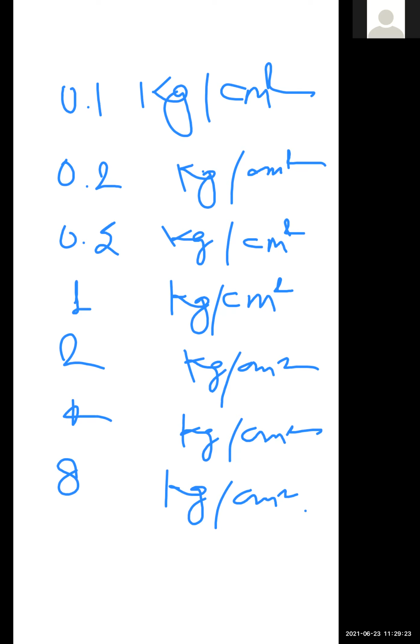So the observation and reading of this test is the data and observation sheet for the consolidation test, pressure and compression and time also. First of all, we have to note down the name of the experiment, depth of the sample, empty weight of ring, diameter of ring, volume of ring, area of ring, height of ring, and also dial gauge least count.